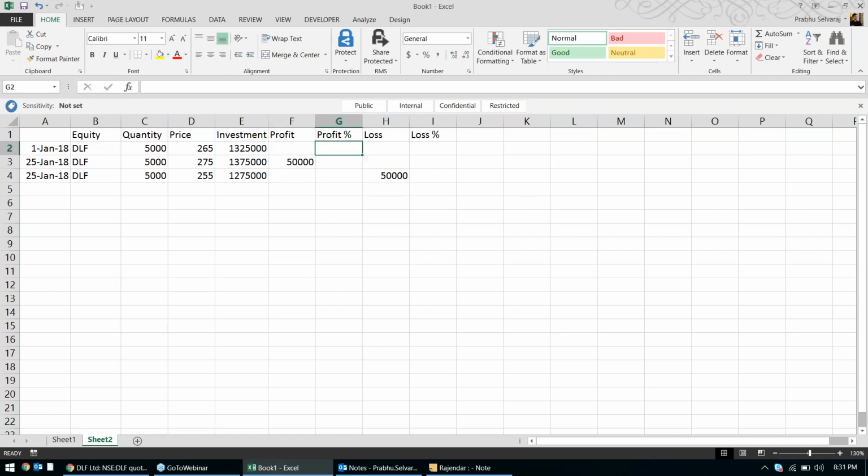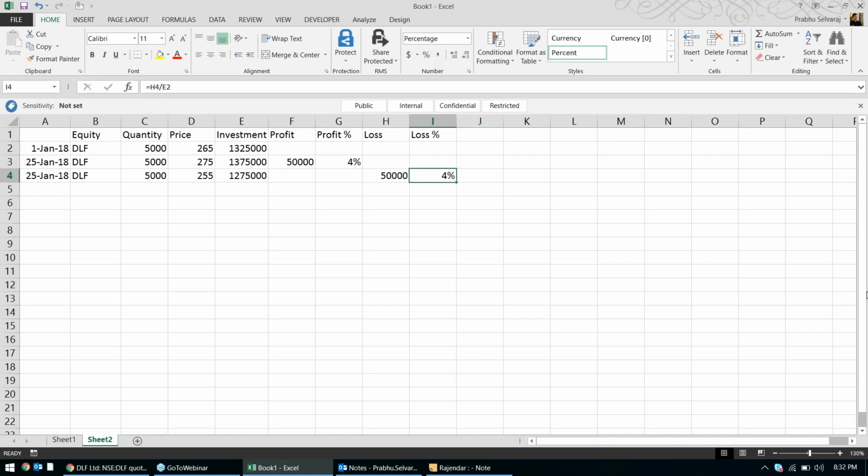So we're getting a profit of how much percentage? 4% on an investment is your profit. The same way, 4% on an investment is your loss.